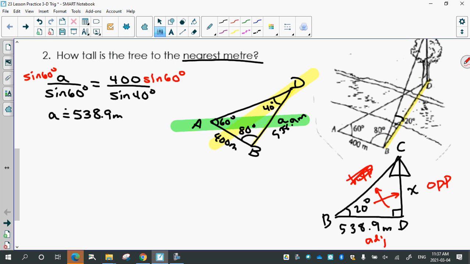So I'm going to do tan again. Tan of the angle is the opposite divided by the adjacent. So tan of 20 degrees is X over 538.9.